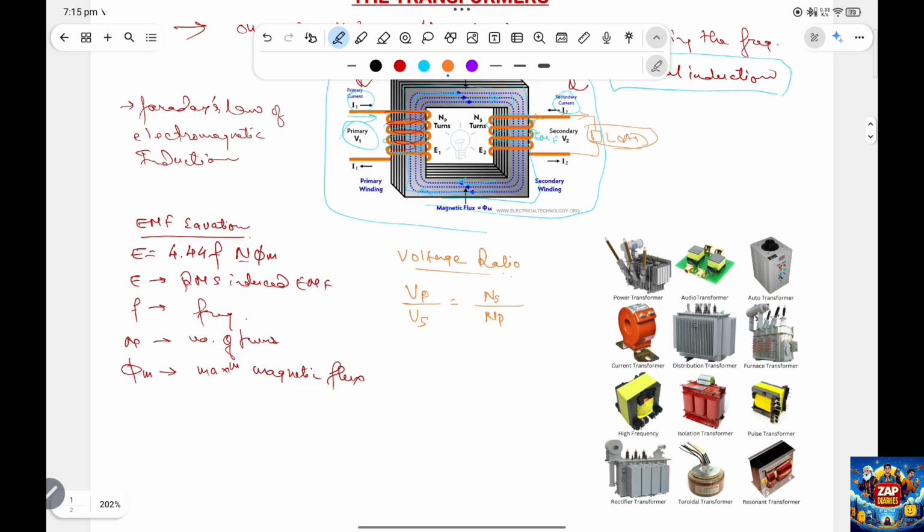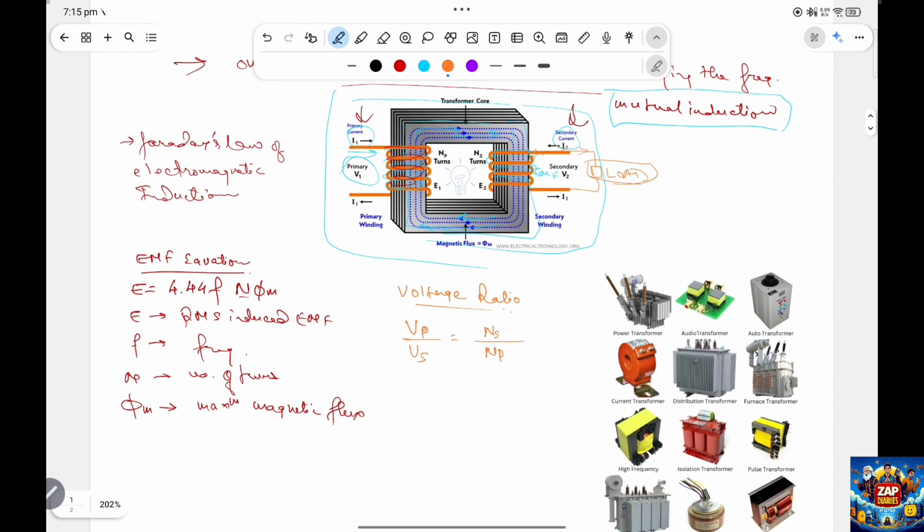Okay, so this is the voltage ratio in a transformer.